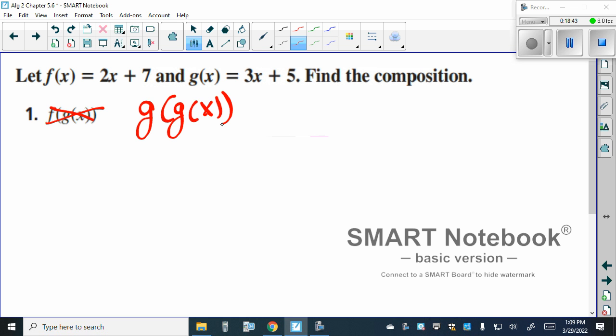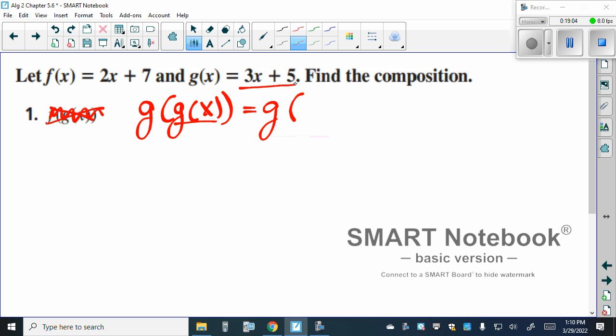All right, guys, let's focus back in. So we're changing this one from f of g of x to g of g of x. Now, looking at this, what is our function g of x?